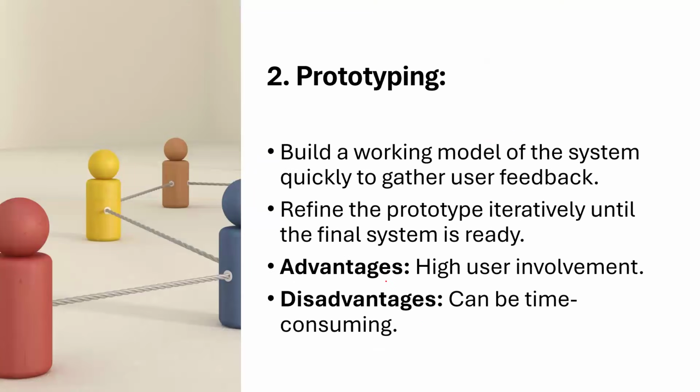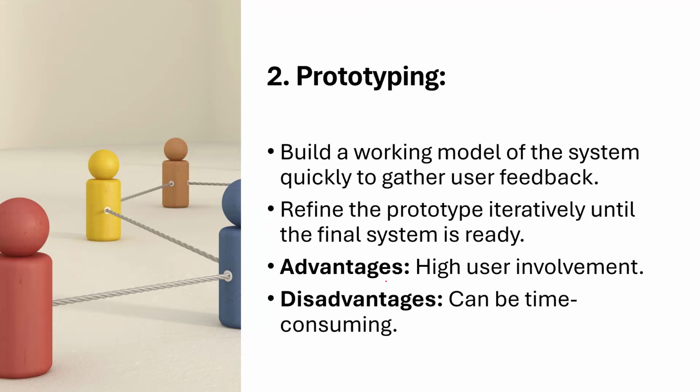That is the waterfall. The prototyping model builds a working model for that particular system quickly to gather user feedback. Okay. So when they gather that feedback, they refine the prototype iteratively until the final system is ready. That means over and over, they refine the prototype. In other words, if they get the feedback, we change it.